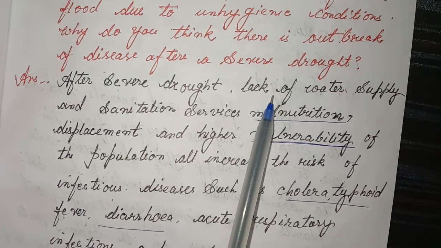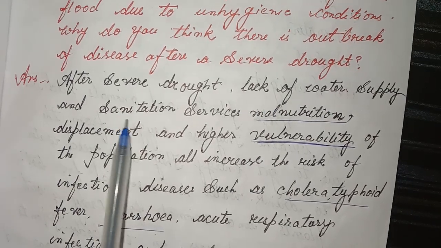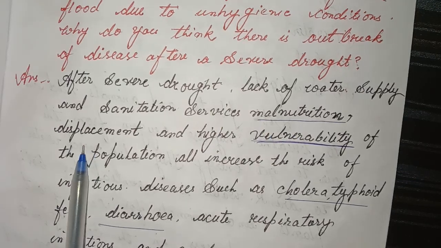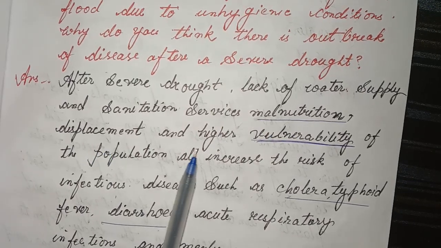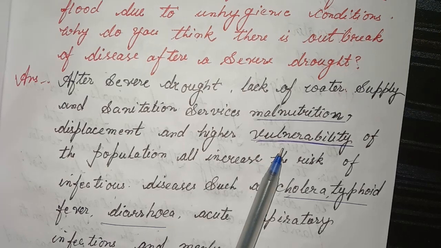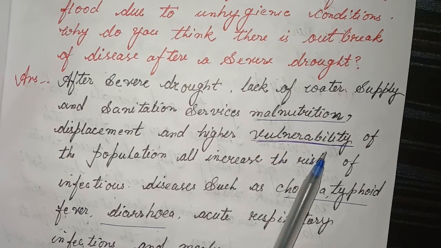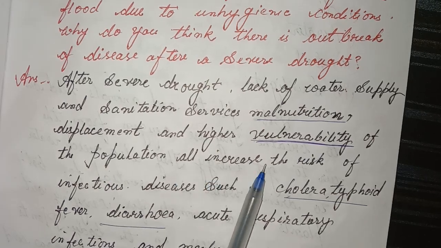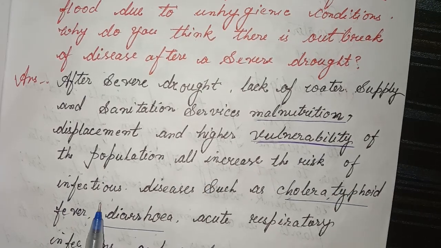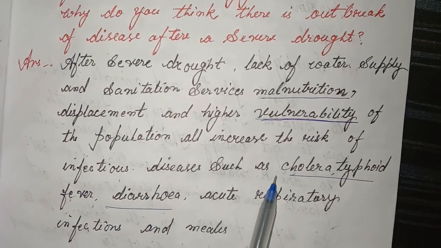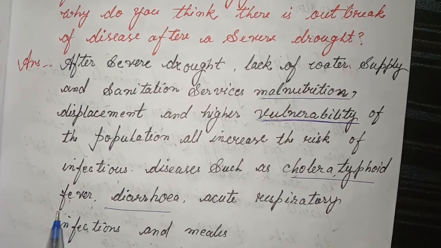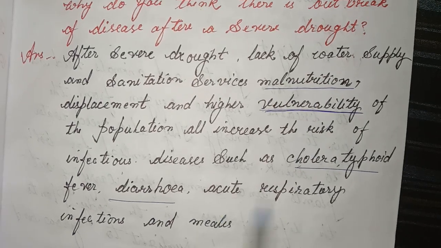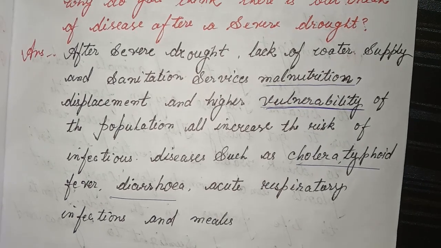After severe drought, lack of water supply and sanitation services, malnutrition, displacement, and higher vulnerability of the population all increase the risk of infectious diseases such as cholera, typhoid fever, diarrhea, acute respiratory infections and measles.